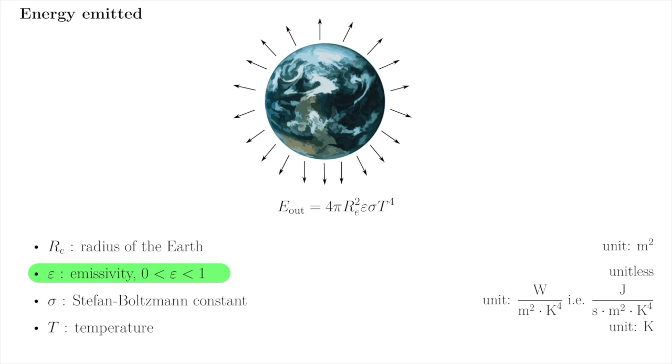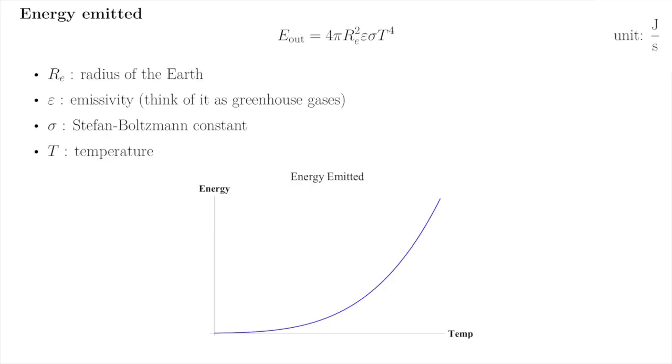What we also see from this relationship is the hotter the planet, the more energy you emit. That's seen in that T to the 4th term. A colder body does not emit as much energy. So the warmer the planet, the more energy you emit. Unlike our equation for the energy coming in, here we do actually have temperature present in the right-hand side.